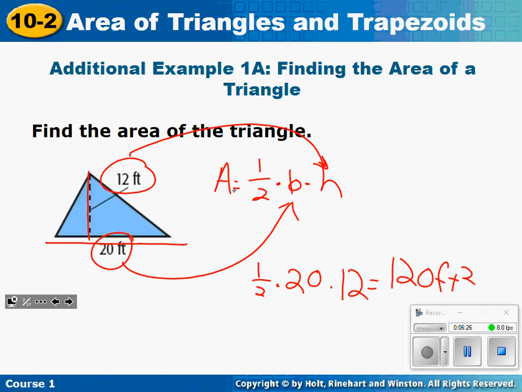I look at the base, I cut it in half, and then I multiply the other one. Or look at the other one, cut it in half, and multiply by the base. It doesn't matter because it's all multiplication, remember? That's our commutative property of multiplication. It doesn't matter what order you multiply stuff. But you always have 0.5 or 1/2 of one of them and then multiply the other one.